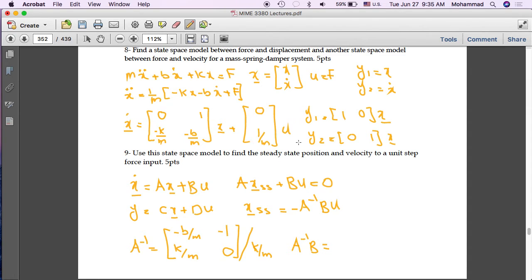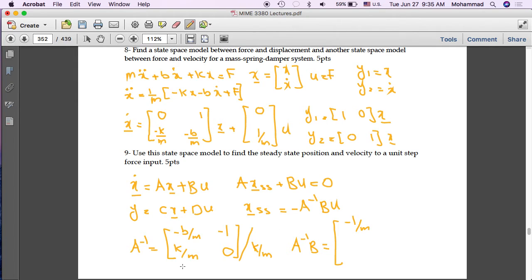Minus 1 gets multiplied by 1 over M. So the first row is minus 1 over M. Okay, so minus 1 over M is what we get for the first row.